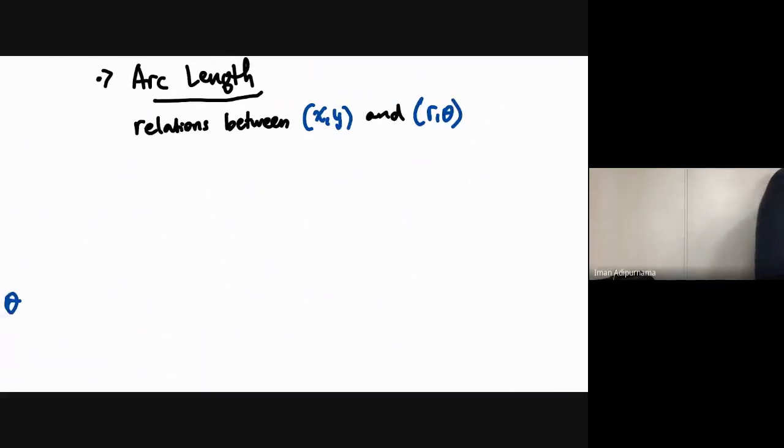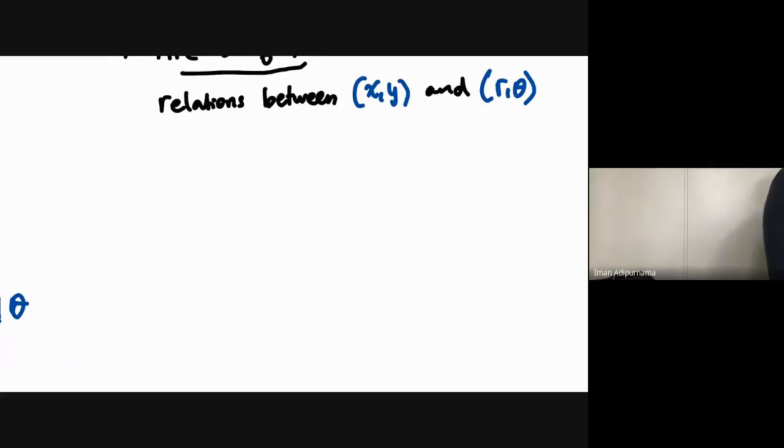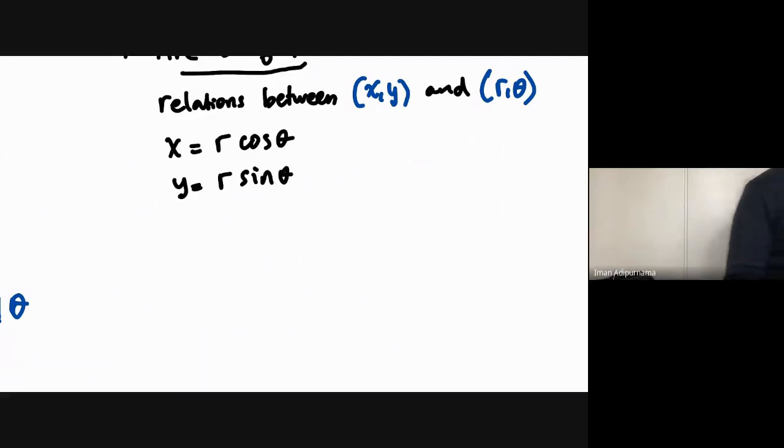Let me write this as our basics. So you have x equals r cos theta, and then y equals r sine theta. And we can also write in terms of functions of theta.